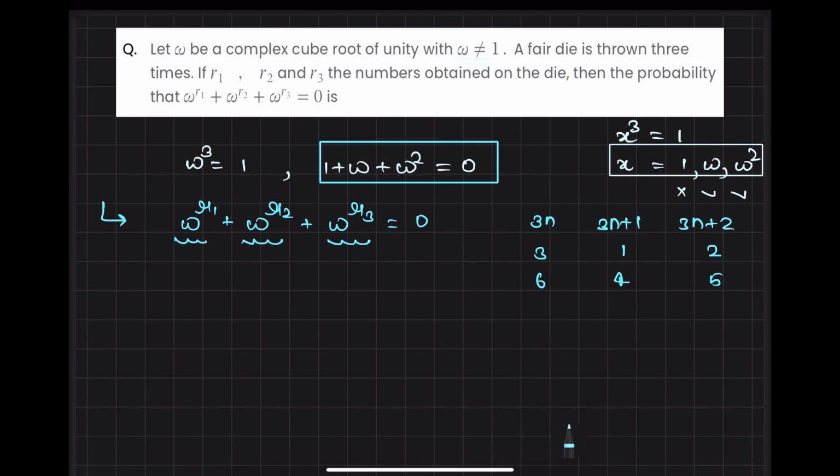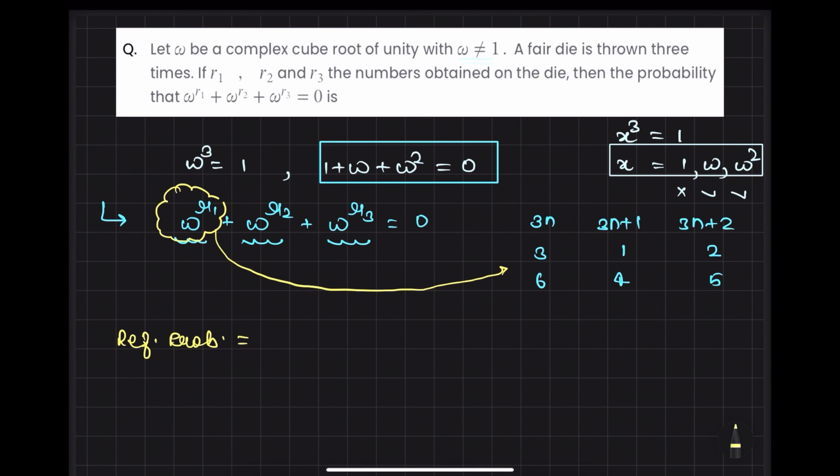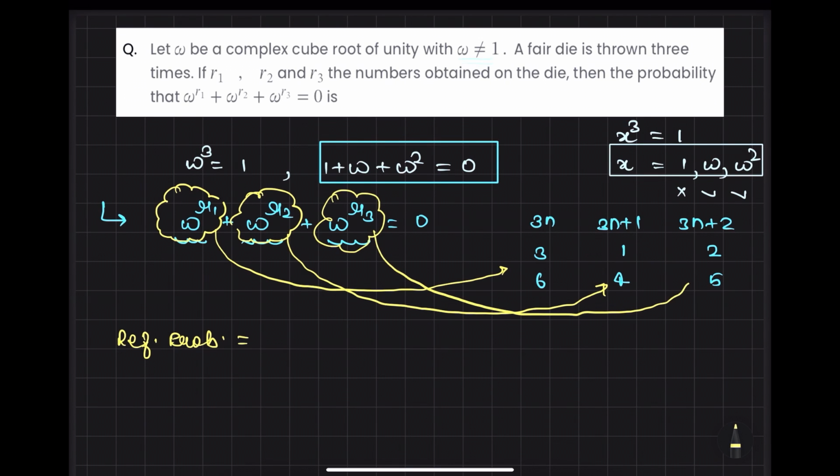So look at this. The required probability would be as follows. Suppose this person is A. I will connect A with this for the time being, B with this, then C with this.